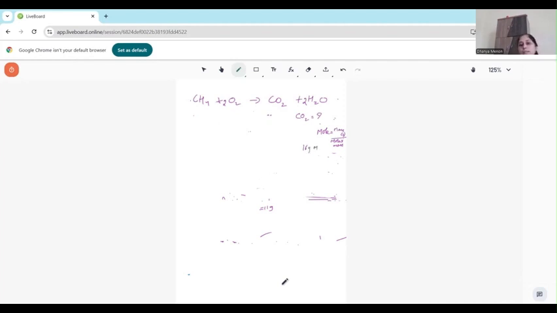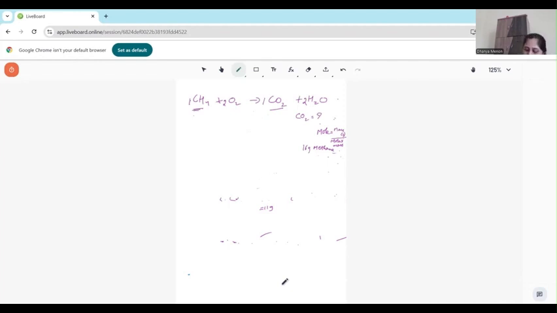First, I need to look at the stoichiometric coefficients. The stoichiometric coefficients are nothing but these balancing numbers. They are talking about methane and carbon dioxide, so we need to look at the balancing numbers of methane and carbon dioxide. For methane, if no number is there, that's equivalent to 1. It cannot be 0. Here also the balancing number is 1 since no number is mentioned. They have already told you 16 grams of methane is burning.